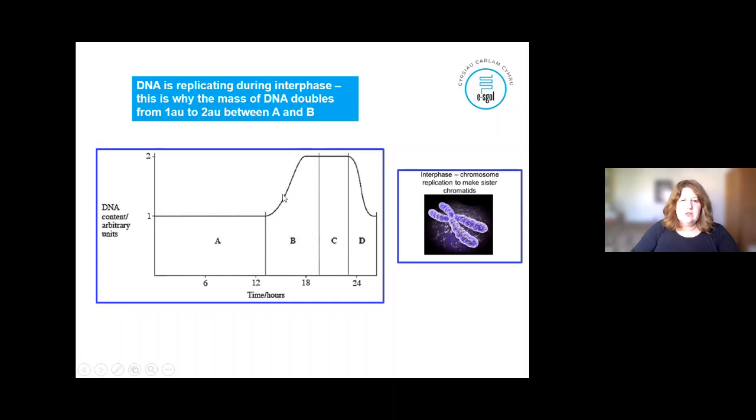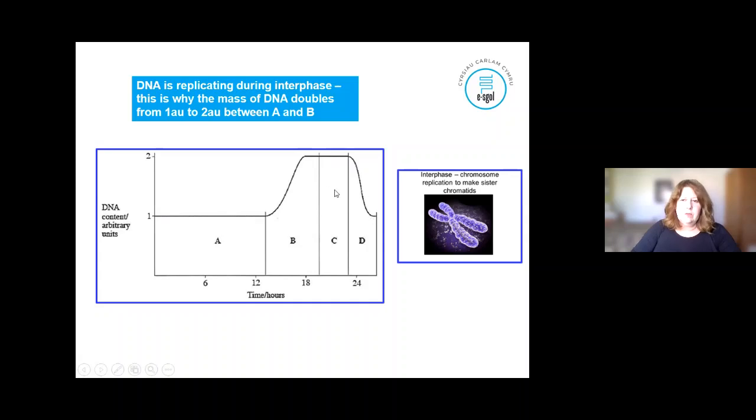So during the S phase, the DNA replication will be completed. And then it stays at 2 arbitrary units all the way through the rest of S and into G2 and into mitosis. And then it's only when the cell splits, the cytoplasm splits, that we actually halve the DNA.